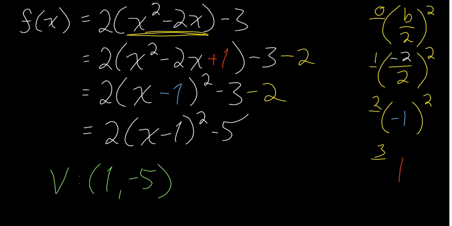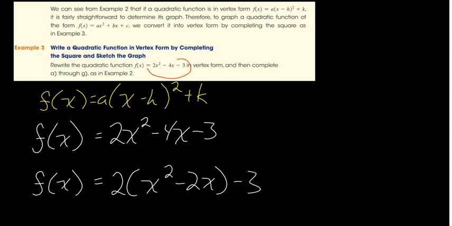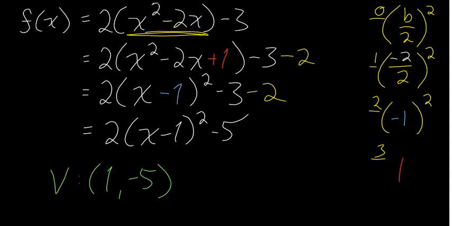Now you can look at this function in either case. We can look at it in vertex form, and in vertex form we see that this number out front is positive, so we're opening up. Or we could look at the original equation, and we can see that's a positive 2x squared, so it's opening up. So in either case we are opening upward.